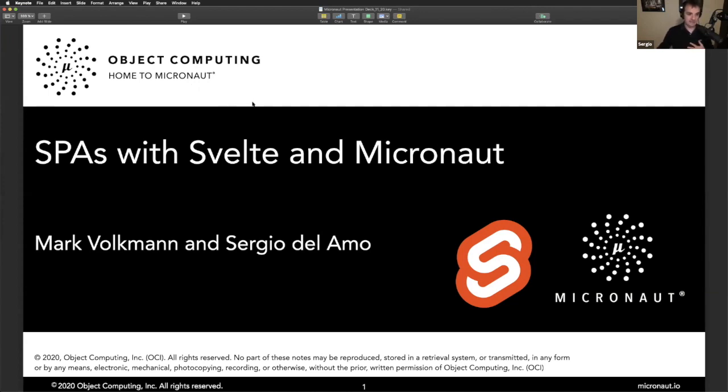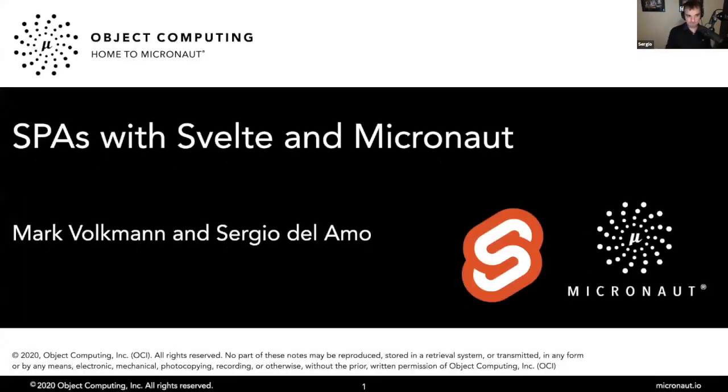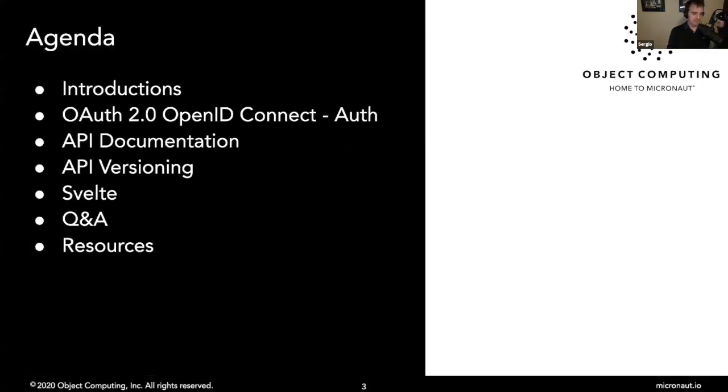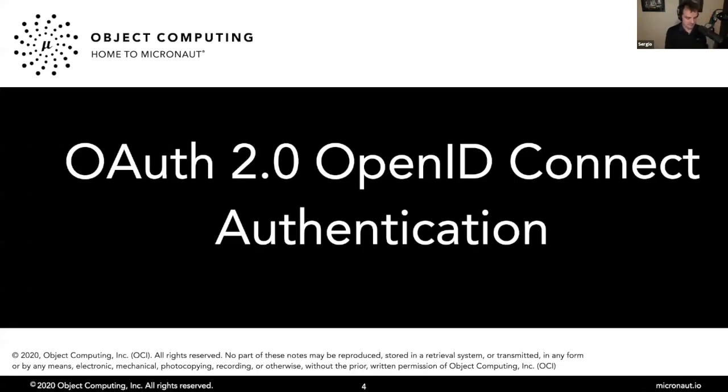My name is Sergio del Amo. I am joined, as Jen said, by Mark, who is going to give more information later about Svelte. We want to show you today a sample demo application. Essentially, I want to discuss three topics, which I think are really powerful and really easy to configure in Micronaut: API security, API documentation, and API versioning.